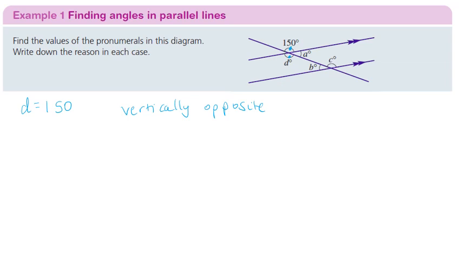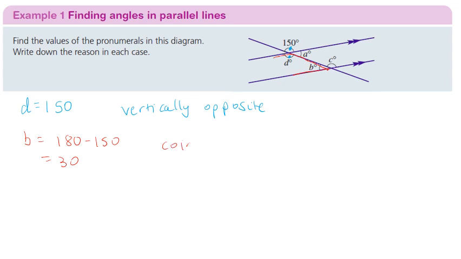Okay, now I can see that D and B make a U shape, so they're co-interior. So B equals 180 minus 150, which equals 30.